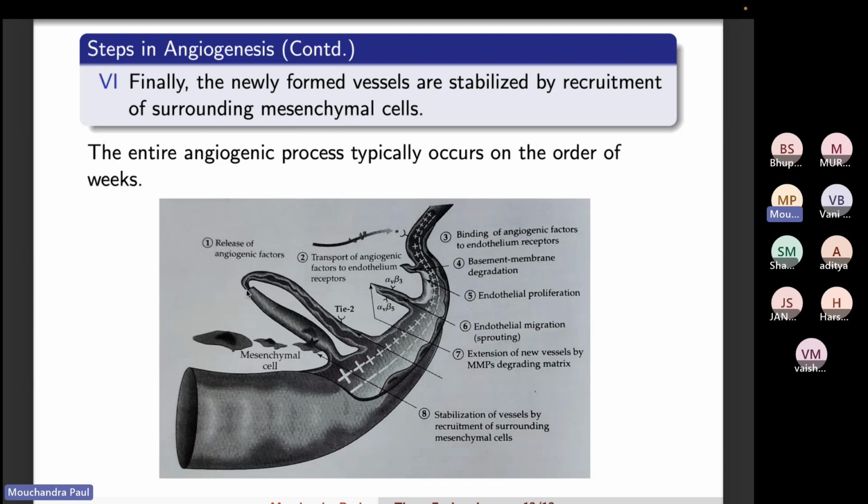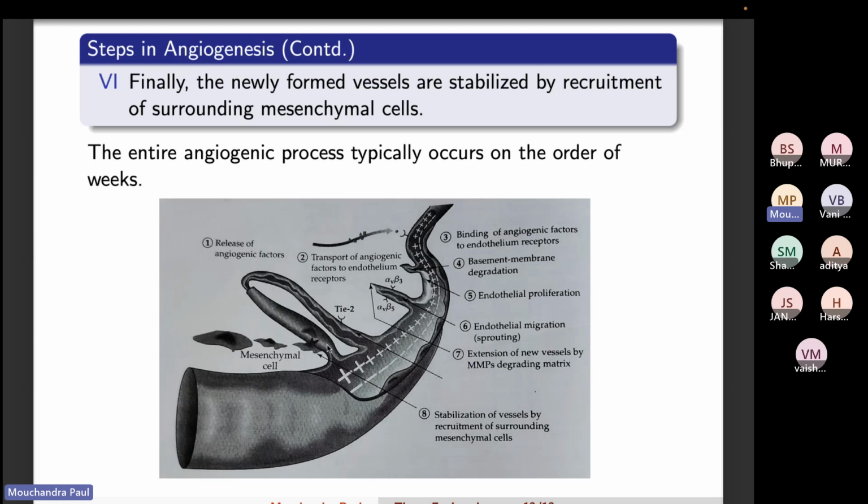It is growing in length, and in order to stabilize the structure of this newly formed blood vessel, various mesenchymal cells surrounding the area are recruited by the newly formed blood vessel. These mesenchymal cells form a double lining, a multi-lined, multicellular structure.